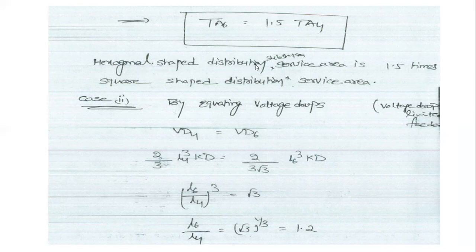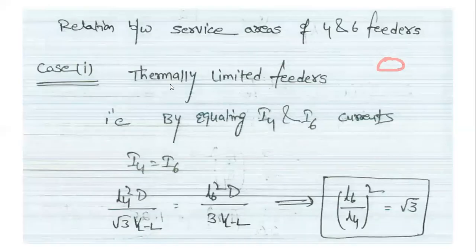Therefore, the hexagonally shaped distribution system service area is 1.5 times the square shaped distribution system service area. This is the comparison for the first case, the thermally limited feeders.